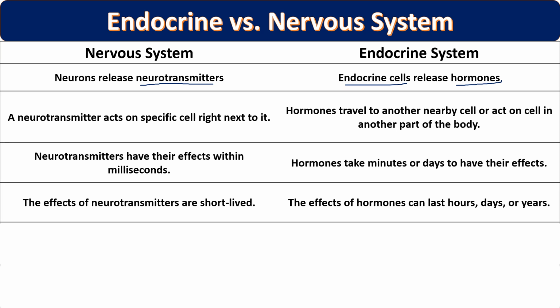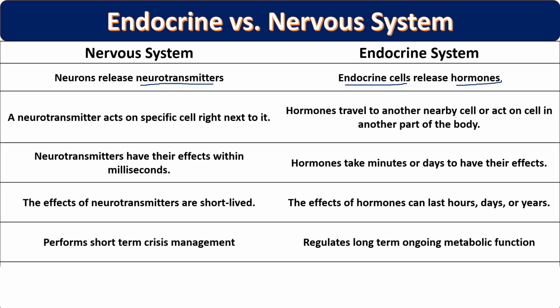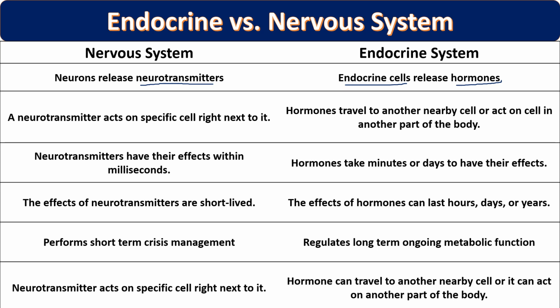The effect of neurotransmitters is short-lived, as I have already told you, whereas the effect of hormones can last up to hours, days, and years. The nervous system performs short-term crisis management, it works very fast, whereas the endocrine system normally regulates long-term ongoing metabolic activity and regulatory functions.